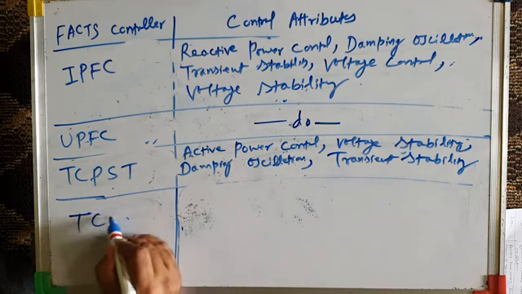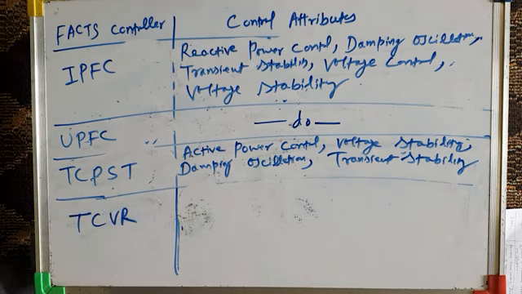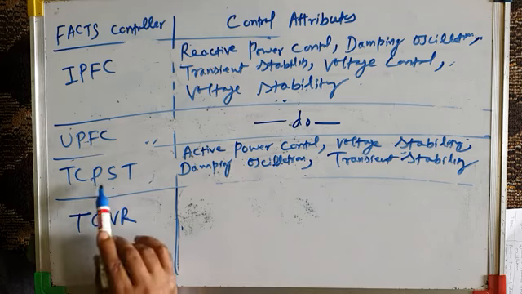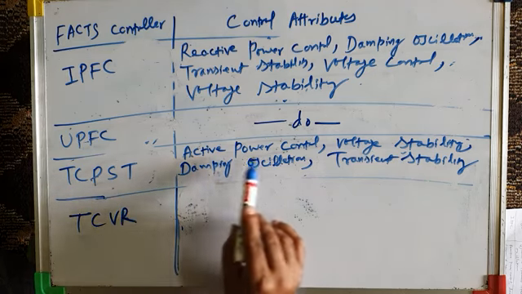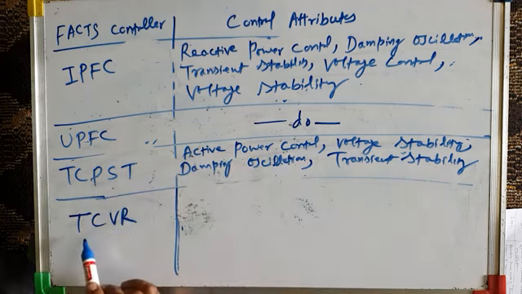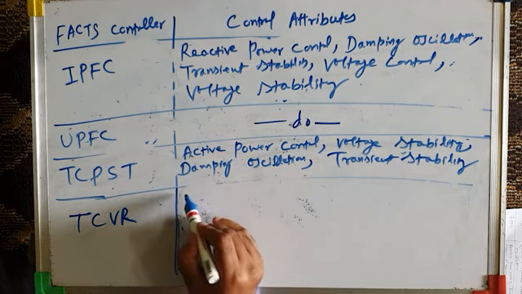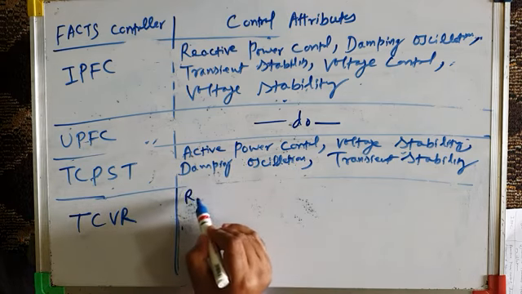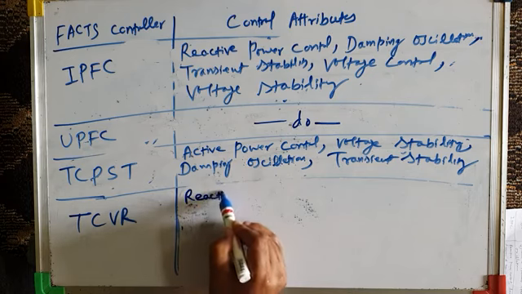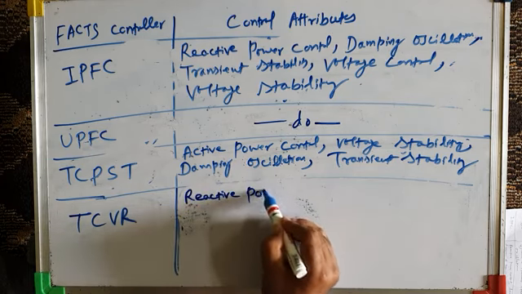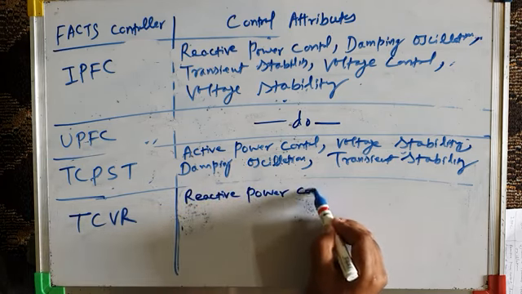Then we have thyristor controlled voltage regulator, TCVR. What are its control attributes? Thyristor controlled phase shifting transformer controls the active power, whereas thyristor controlled voltage regulator controls reactive power. Okay, it cannot control active power, but it controls reactive power. I will write here reactive power control.